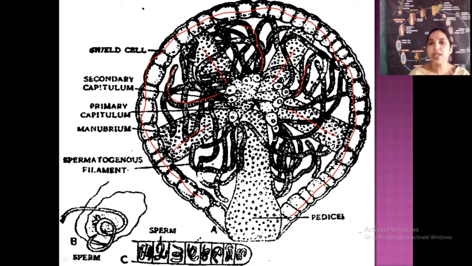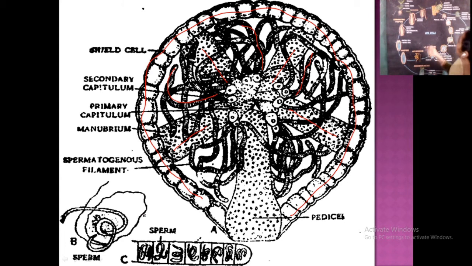These are called secondary capitulum. And from the secondary capitulum, what is appearing at its tip? The antheridial filaments arise, and you can see these are the spermatogenous filaments attached. These are actually the capitulum cells from which spermatogenous cells arise, that is known as sperms.